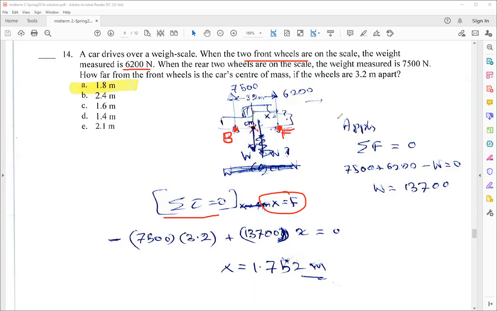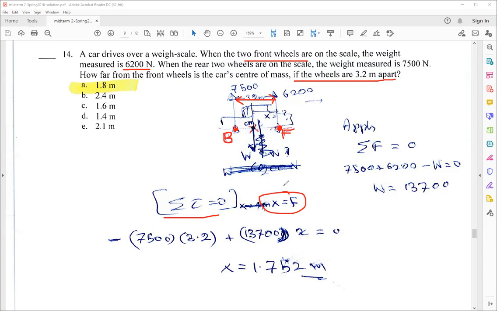The wheels are 3.2 meters apart, so I'm given the distance between point B and point F. So the distance is 3.2.